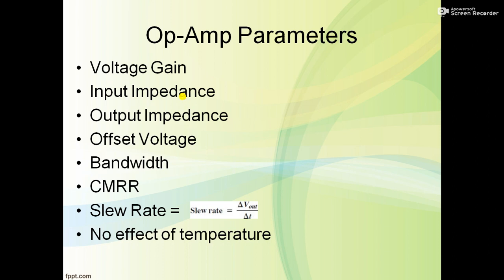It means at the input stage, whatever current is flowing towards the negative and positive terminals is equal to 0 ampere. If the current is 0 ampere, automatically the input impedance value is infinity. It means a high value.